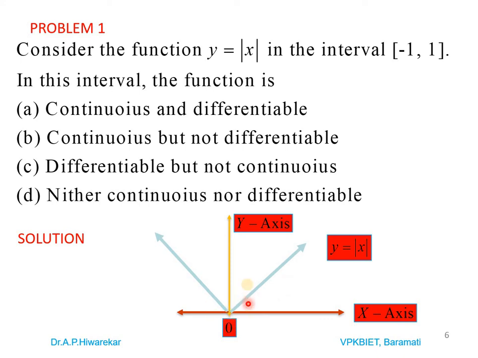So x equal to 0 is a corner point, meaning the function is not differentiable at x equal to 0. It is continuous but not differentiable in this interval, at least at one point. So the function is continuous but not differentiable. That is option B, and this is a most famous example which appeared in the GATE examination.